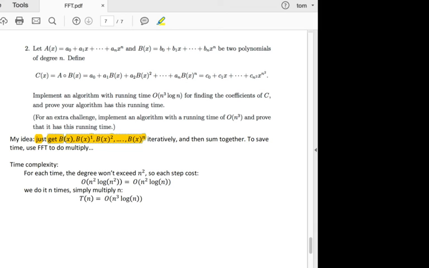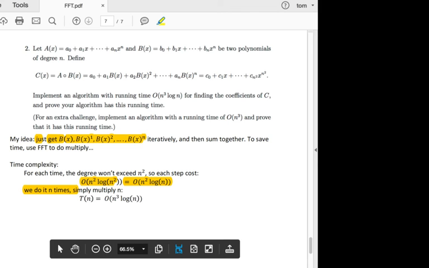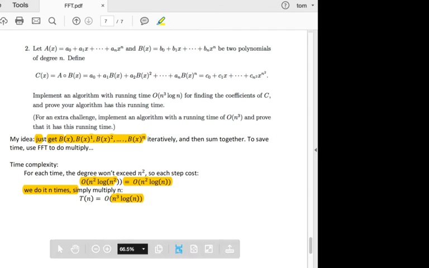So for each step, the cost is just substituting n by n squared into the time complexity of FFT. No surprise. And we just do it n times, so multiply by n. It turns out the time complexity is n cubed log n. Yeah, we're done.